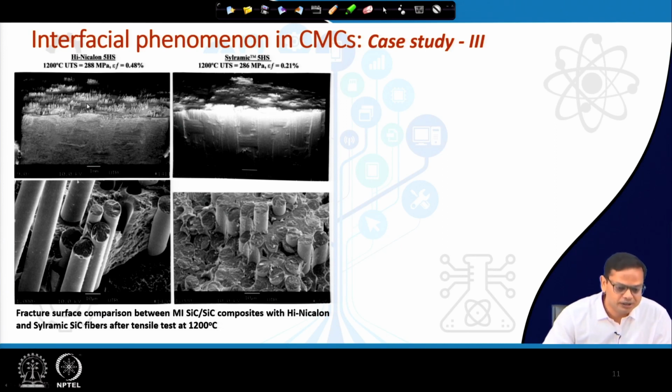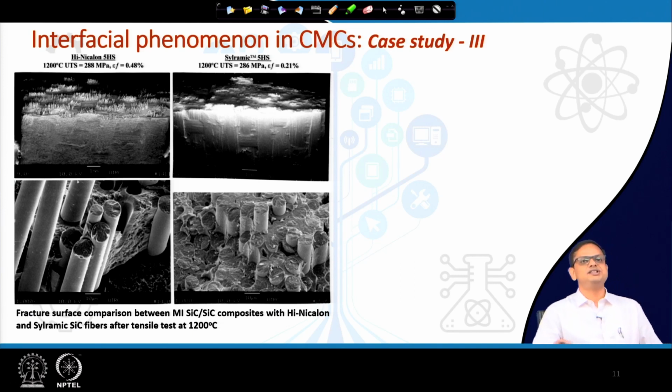Now, the surface is much more rough here compared to this, and at higher magnification you can see long fibers coming out, where the fiber length which has come out is less. That is how you have to characterize the fractured surface in composite materials.